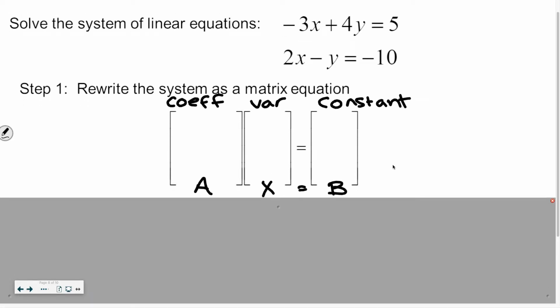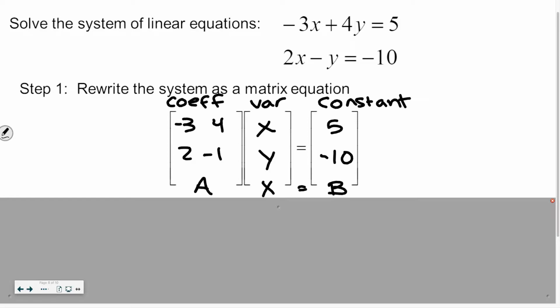So drop in your coefficients: negative 3, 4, 2, negative 1. What should I put in the variable matrix? X and Y, the variables. Very good. And then my constants are going to be that 5 and negative 10. Now, if you pause just momentarily and think about matrix multiplication that we did on Friday, this really does write out your system.